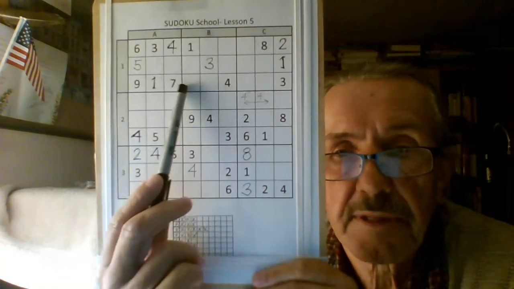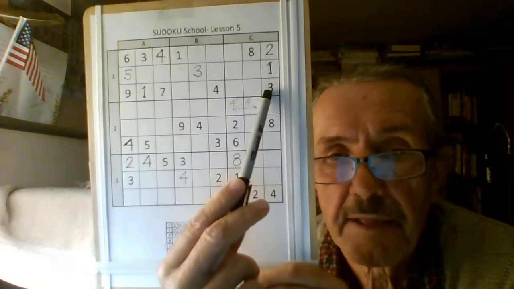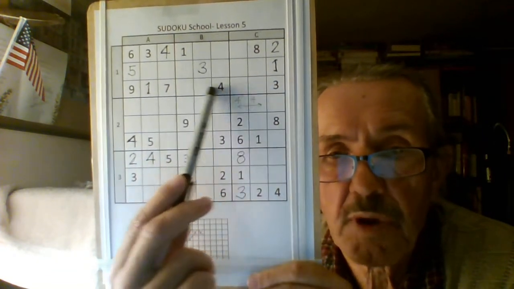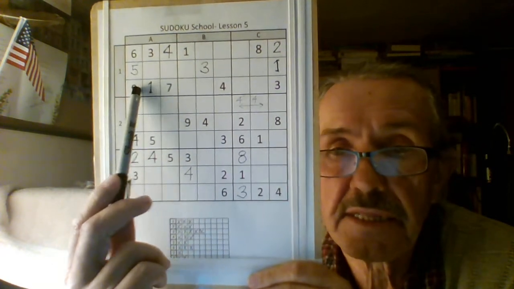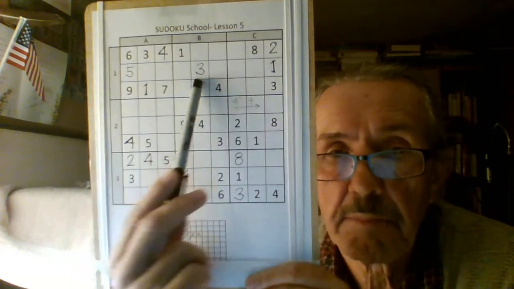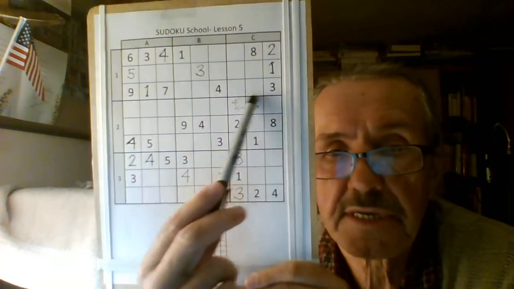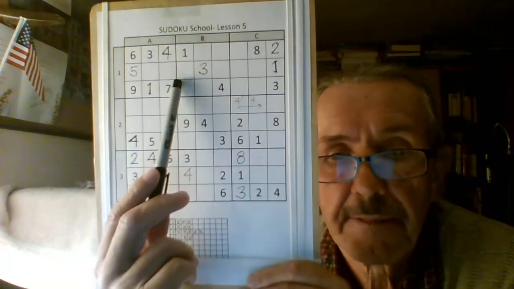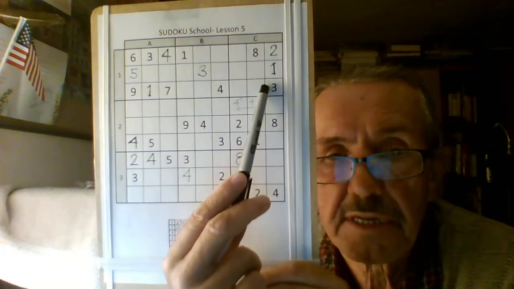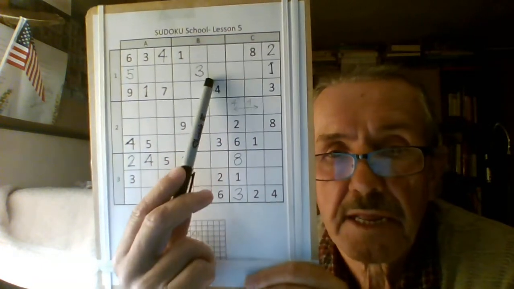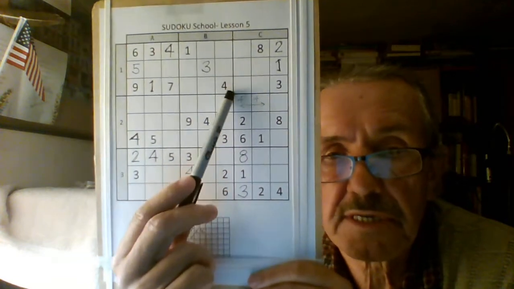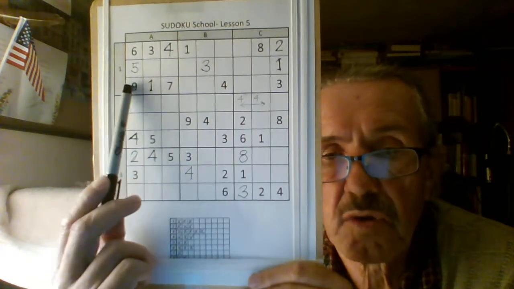This is by elimination. Number 1 already exists in this row. Number 2 already exists in this square. Number 3 already exists in this square. Number 4 already exists in this row.